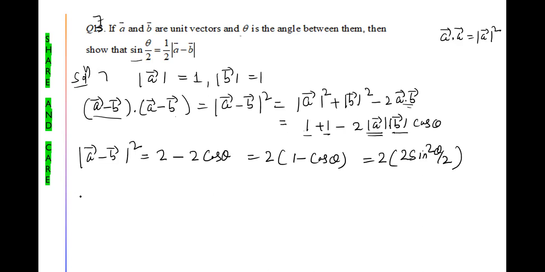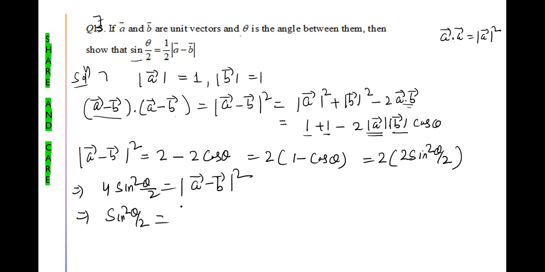So this implies 4 sine square theta by 2 equals the square of magnitude of A minus B. So sine square theta by 2 equals 1 by 4 of it.